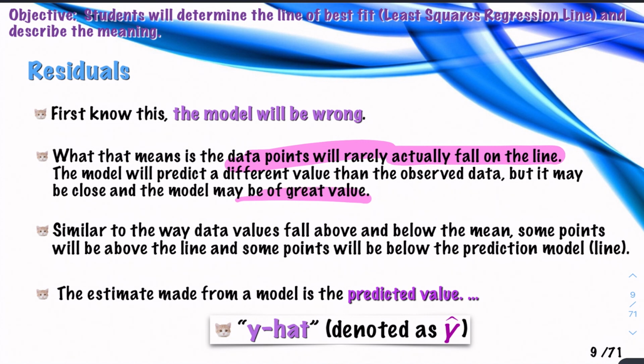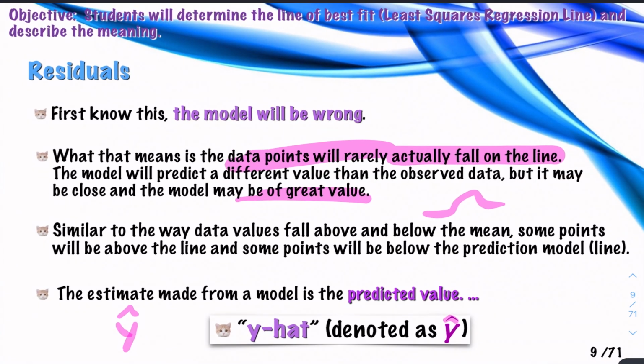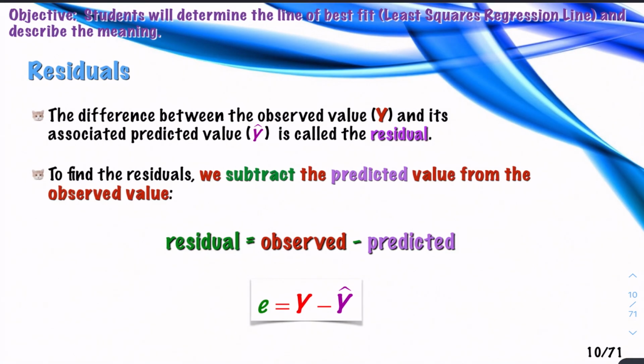Similar to the way data values fall above or below the mean, think normal model, some points will be above and some points will be below the prediction line. And so we call the estimate made from a model the predicted value, and that predicted value we write as y hat. We denote it with a little hat on top of our dependent variable.